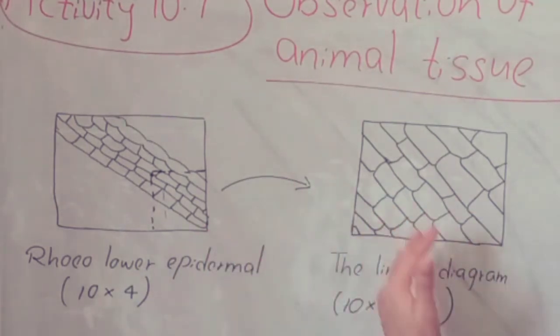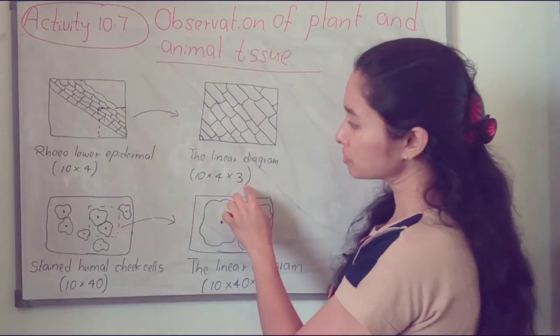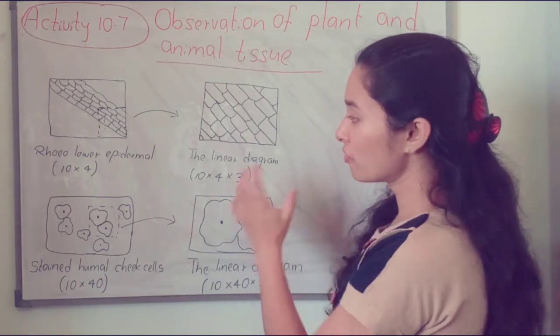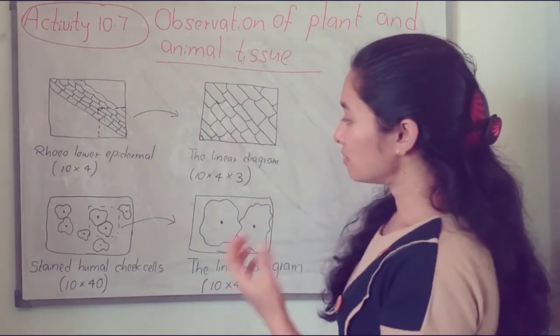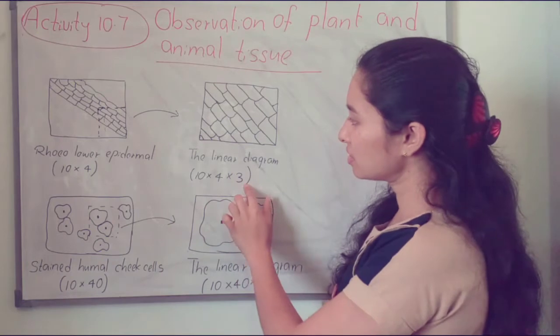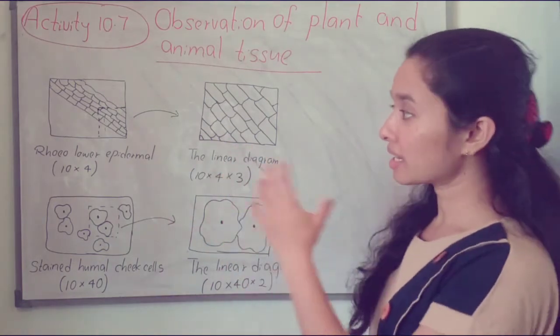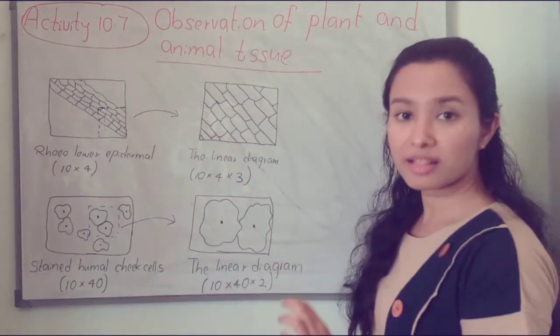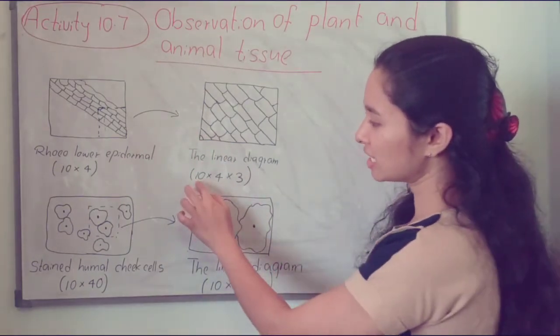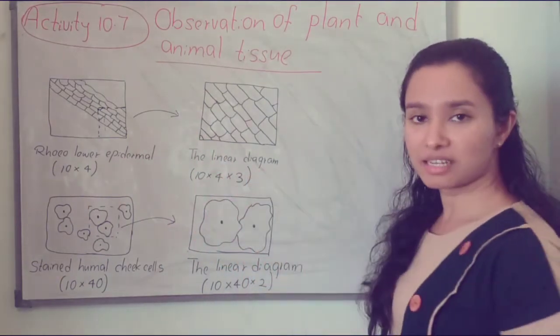So we have to magnify. Here, I have magnified it 3 times. When we are writing the magnification, we have to mention how many times we magnified the visual image. Okay. 10 into 4 into 3.